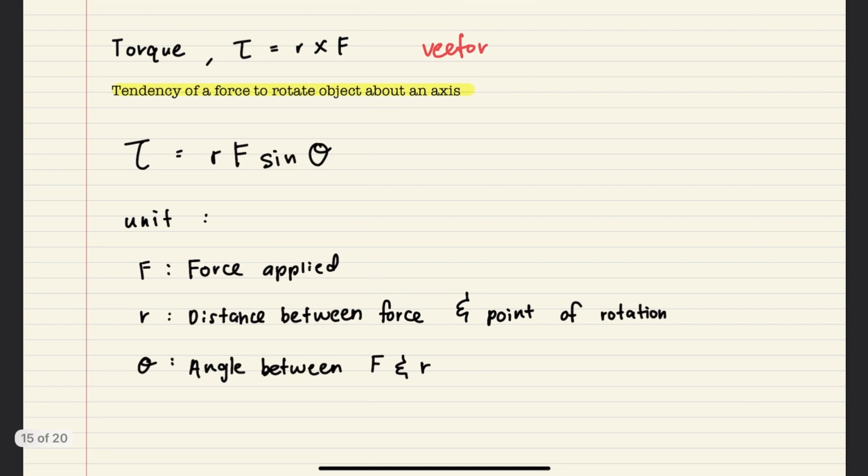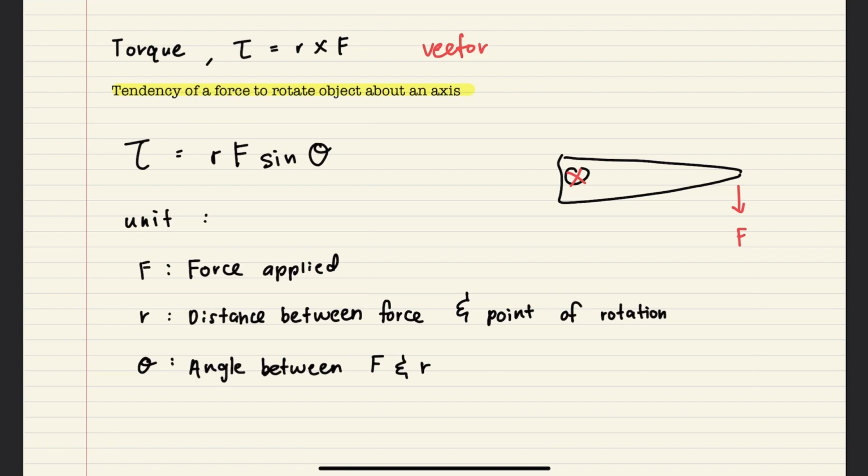So if I just take one simple example like this, you can imagine that this is like a doorknob. And then you try to turn the doorknob by pulling or pushing it downwards, like that. So the point of rotation in this diagram will obviously be over there. And as this is moving, you can imagine that the force is being applied in that direction, downwards.